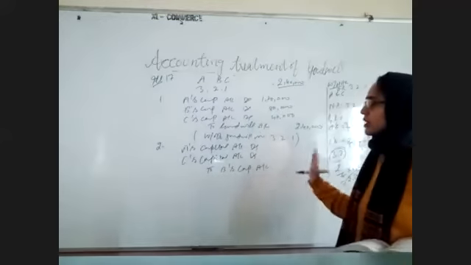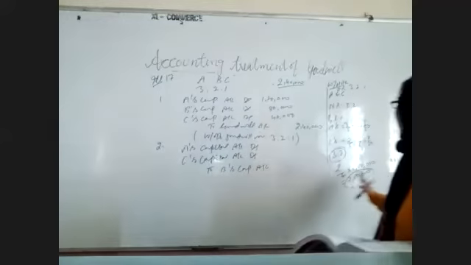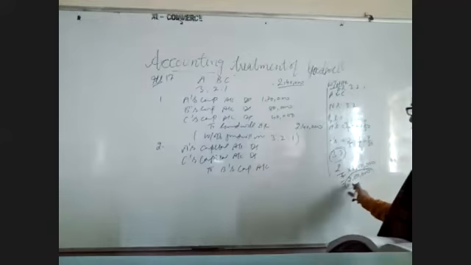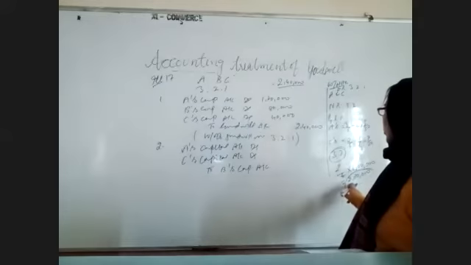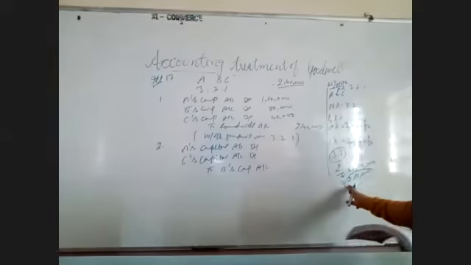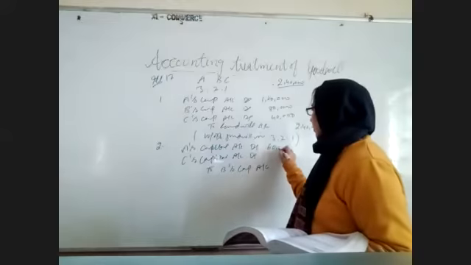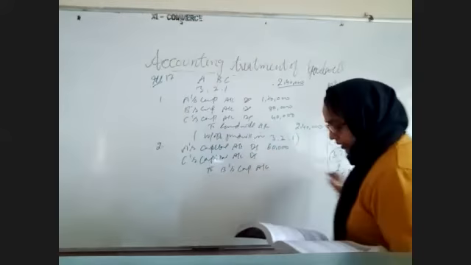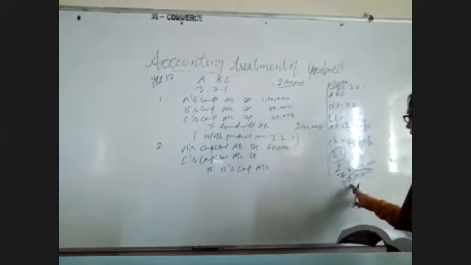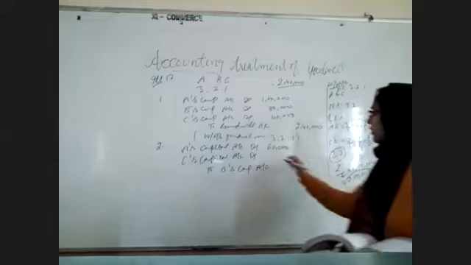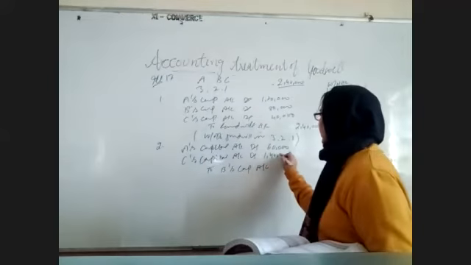Okay, this entry we will pass, and amount we will calculate: 3/10 of 2 lakh will be 60,000, and 7/10, 7 twos are 14, it will be 1,40,000.